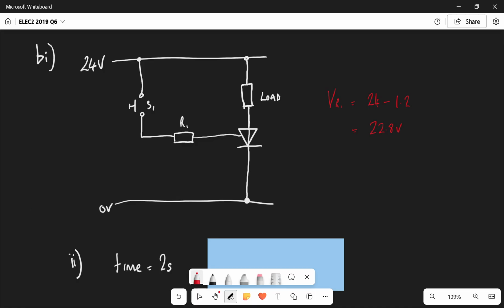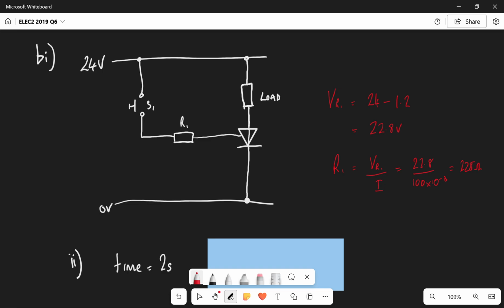Now we can work out the resistance of R1, because it's its voltage divided by the current, and the current is the minimum gate current. So it's 22.8 divided by 100 times 10 to the minus 3, and that gives us a value of 228 ohms.